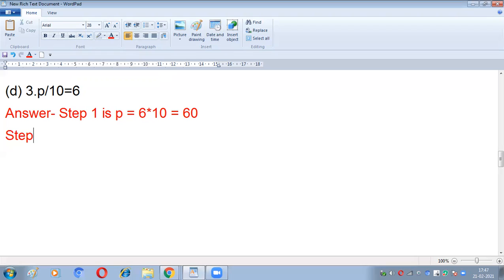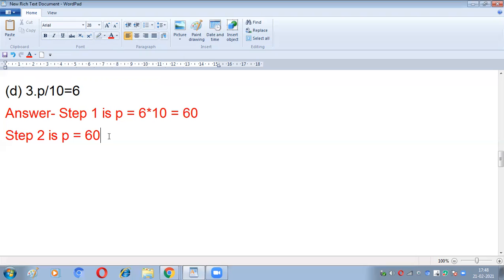Step 2: P is, our last result was 60, so we will write 60 here. Now we'll shift 3 to the right hand side. 3 has the sign of multiplication, so when it shifts to the right hand side it will have the sign of division, upon 3.